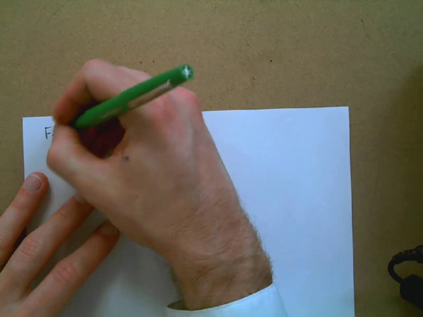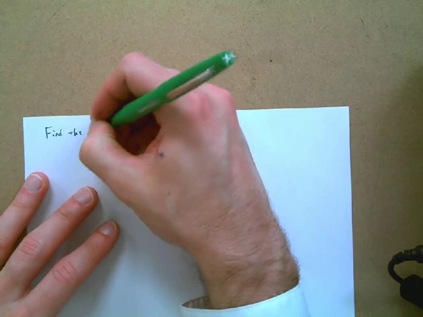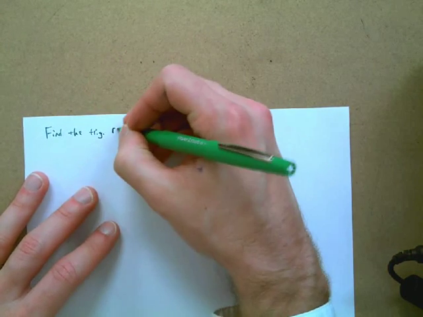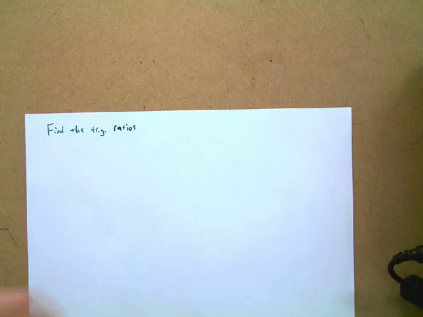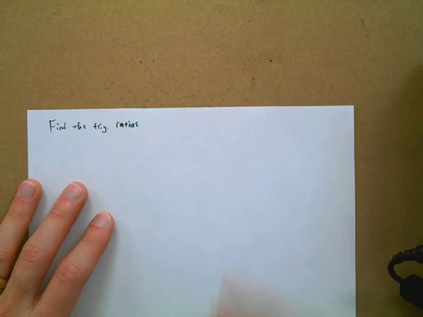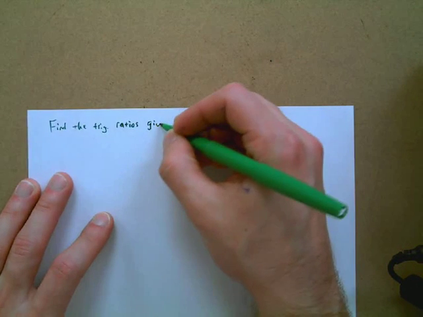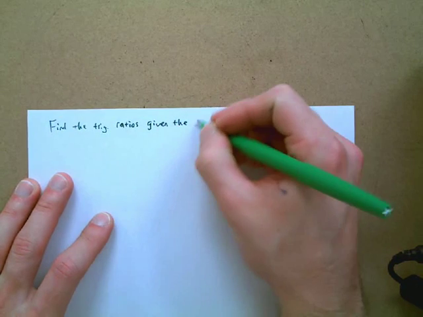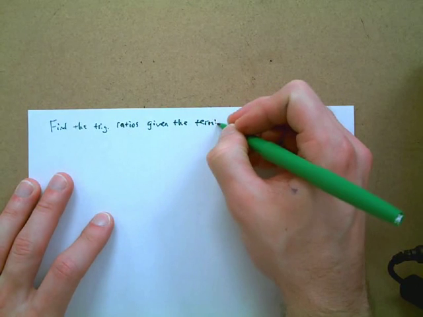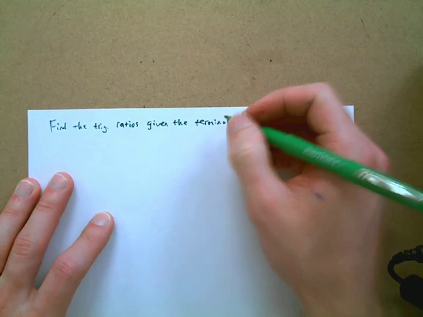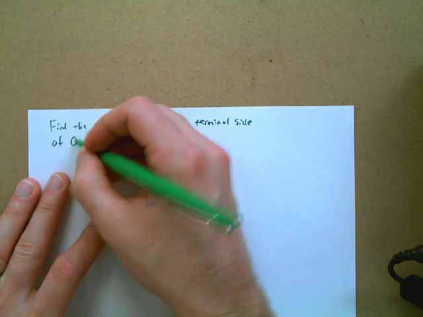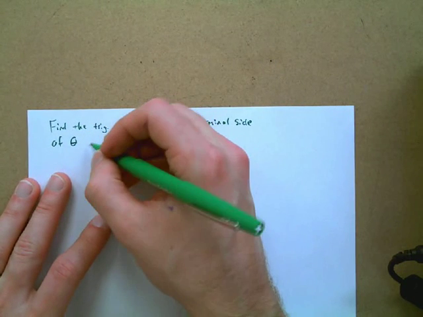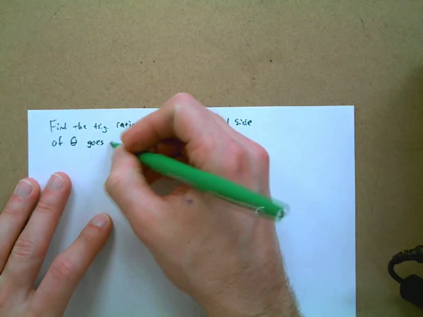We're going to be given that the terminal side of theta goes through, or has coordinates of, negative 3, 4.